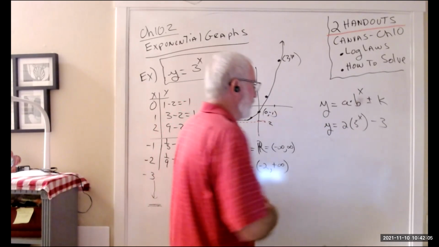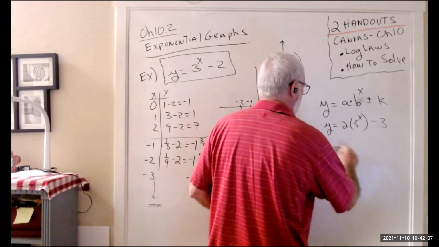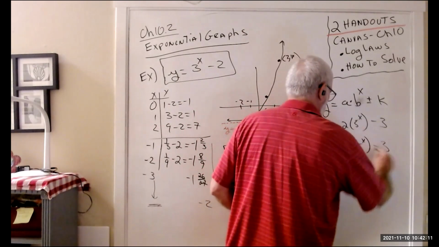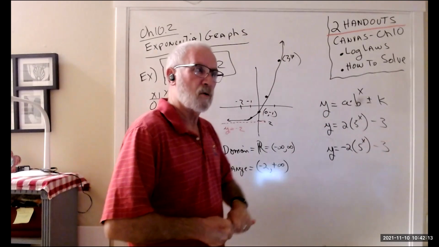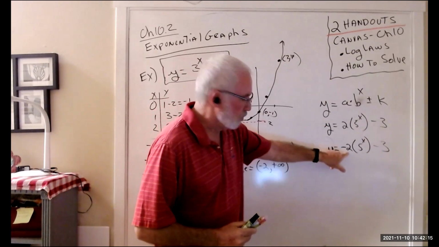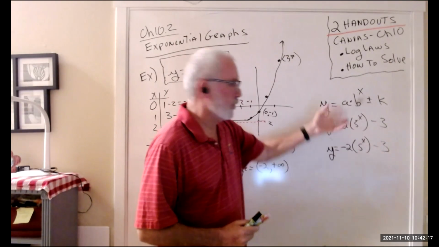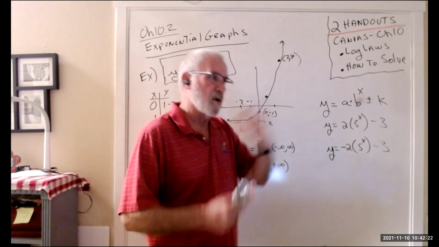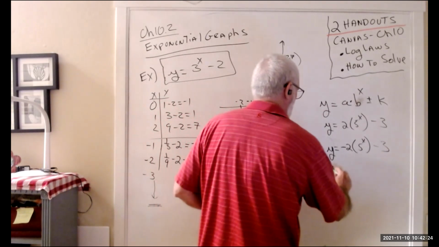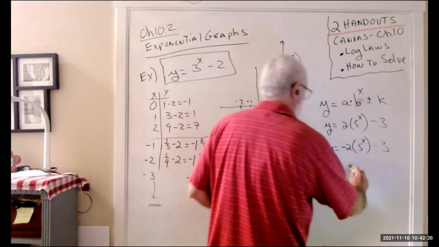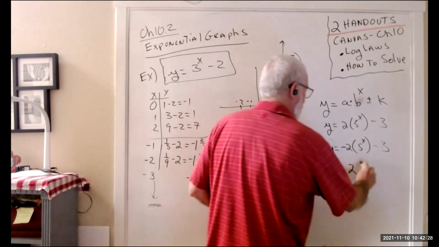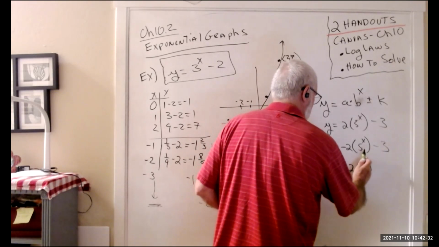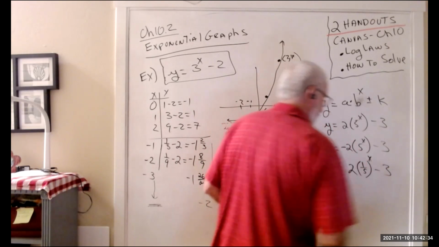What if we had -2 times 5 to the x power minus 3? What does that -2 do to the graph? How does it change the graph in some way? What about y equals, let's go back to regular 2, but let's put a 1/5 in here, to the x power minus 3.